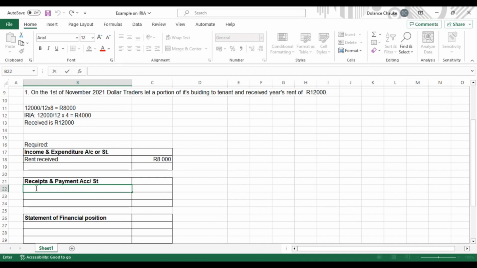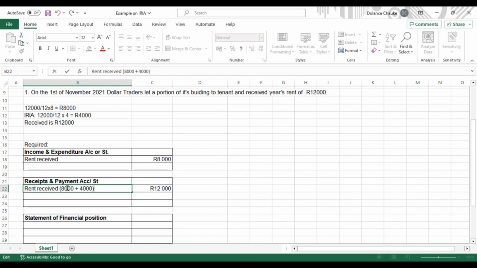It is rent received of 12,000. It's given there, but I'm just doing this calculation so that people can know, with better understanding: 12,000 rent, which is equal to the 8,000 plus the 4,000.